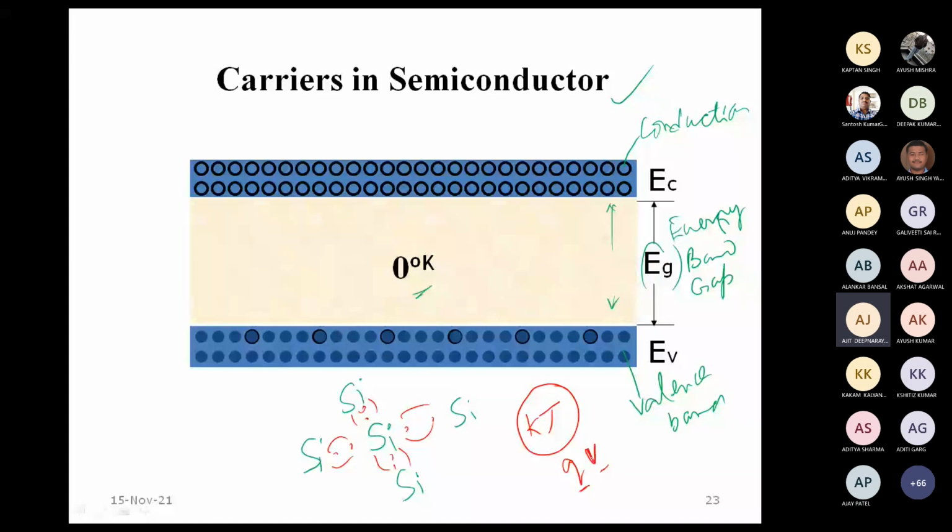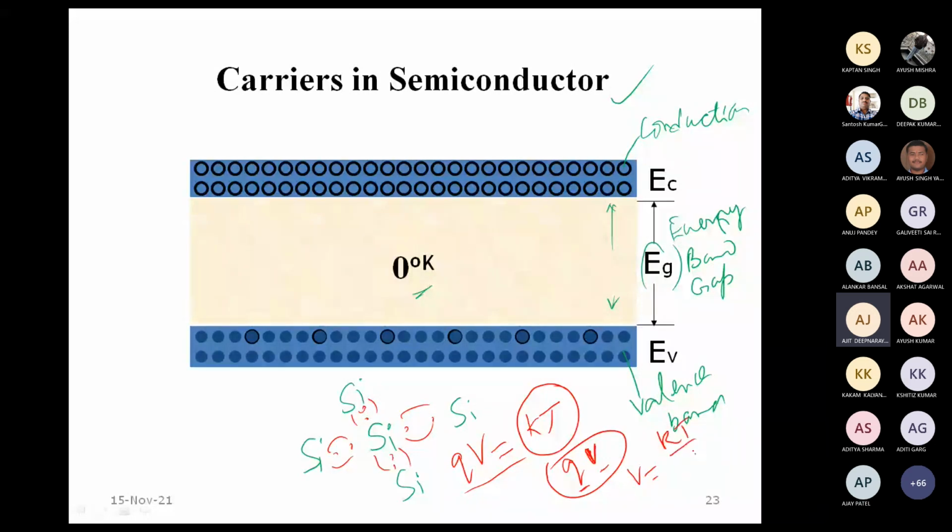If we look at the equivalence of electron energy to thermal energy, we can equate these two quantities, and from here we get a term V_T equal to kT by q.